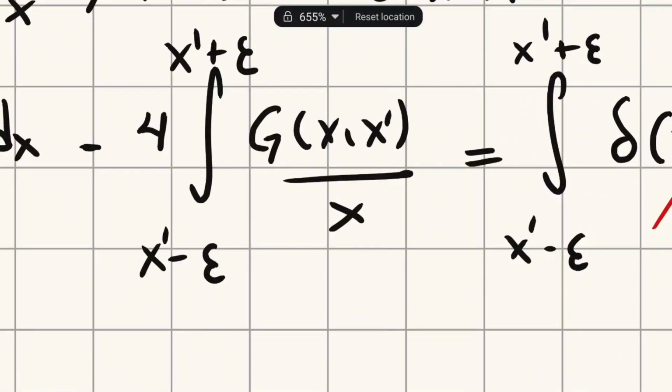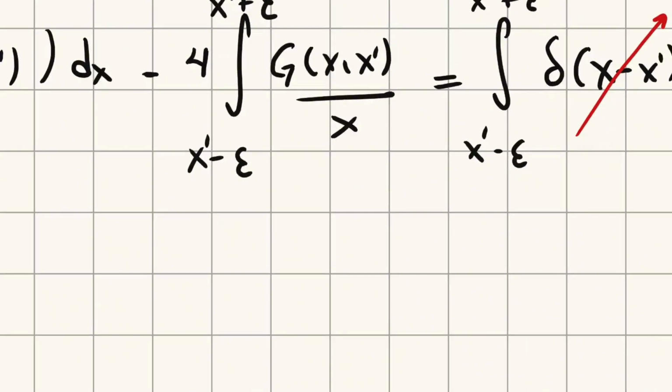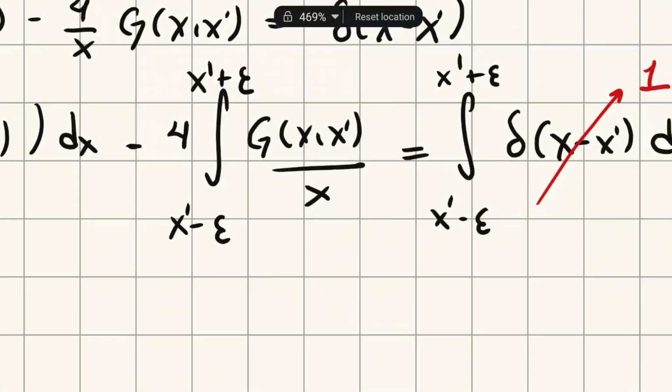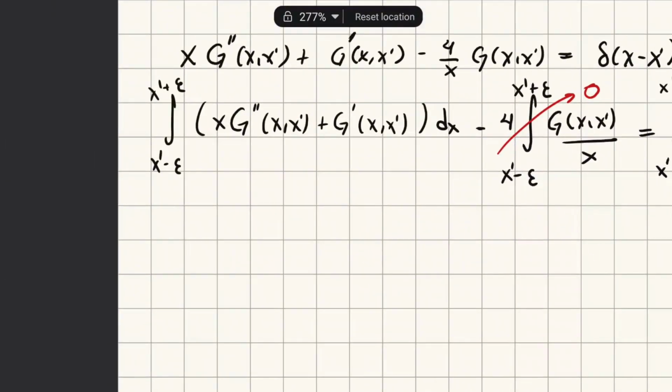From here, we know that the Green function is continuous at x prime, so if we take the limit as epsilon goes to 0, we will get an integral from x prime to x prime. But we know that every integral of that type of a well-behaved function, like g in this case, is going to be equal to 0, right? If epsilon goes to 0. So this whole element disappears.